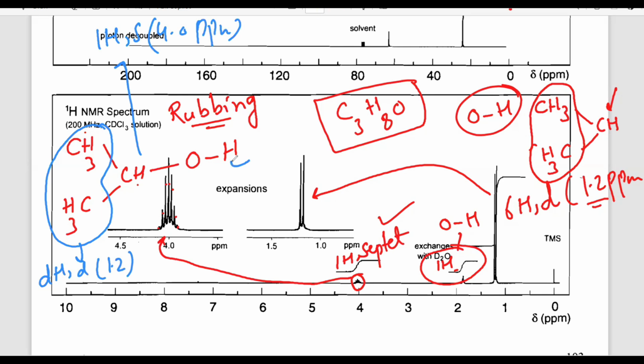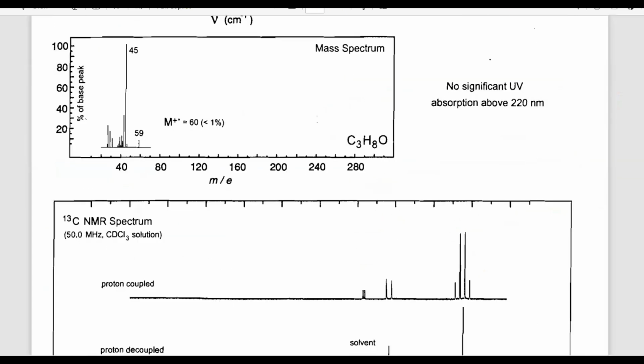And you are getting a 1 proton broad singlet, appearing in the range of 2.7 ppm, 1.7 ppm. So this is the structure of this unknown compound. You can write the structure again, you can write the carbon 13 NMR values for this structure, and you can easily draw the mass spectrum of this unknown compound.